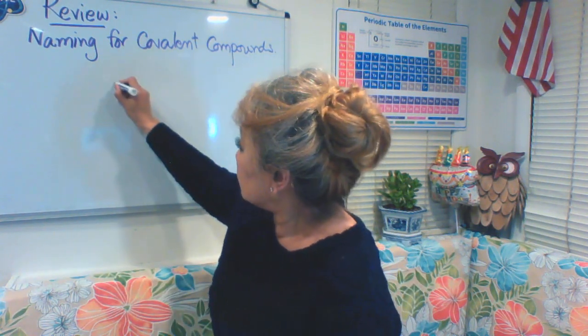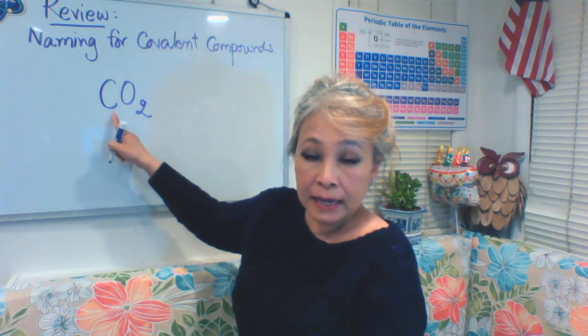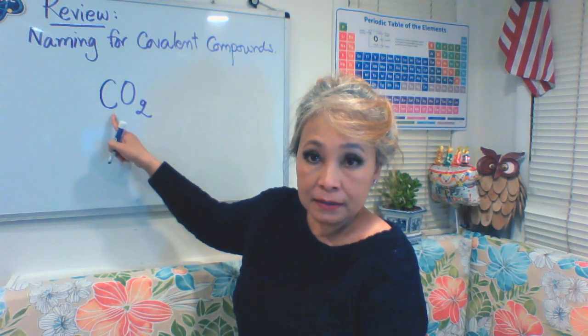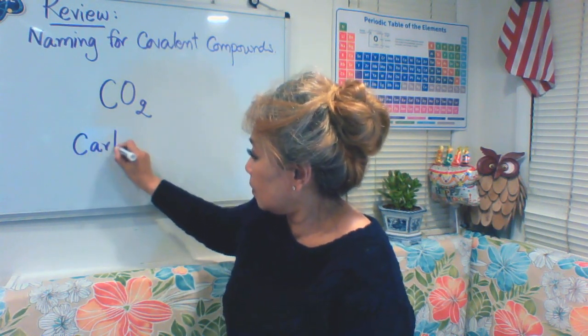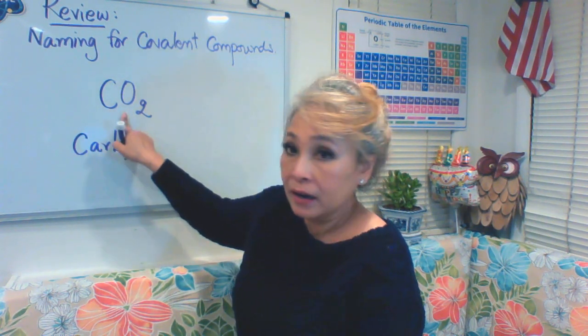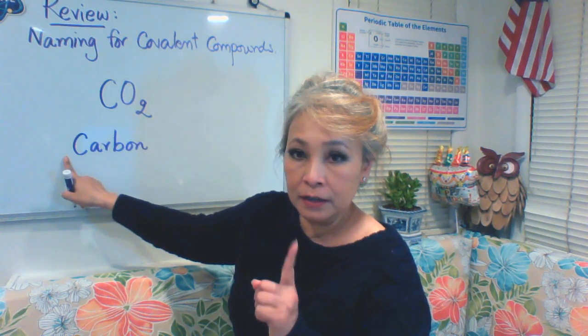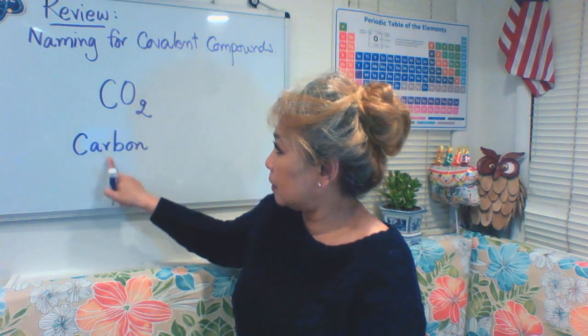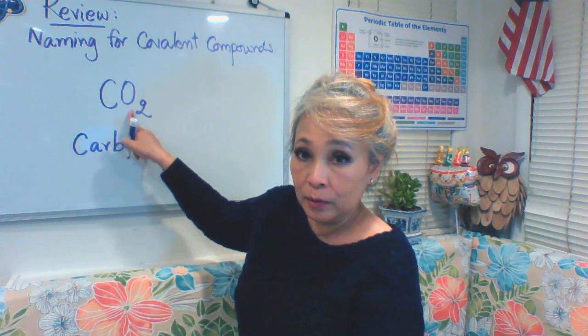Next one, CO2. The first name of C is carbon. Write down. Carbon. How many atoms of carbon? 1. Do we put mono in front? No mono. Carbon. Next one, the second element ending with ide.